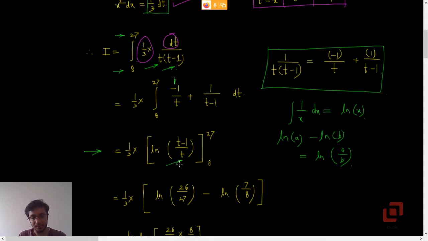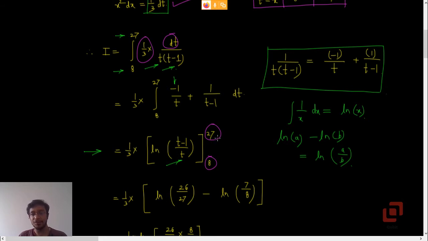Once we complete this integration process, in the problems on indefinite integration we were substituting t as our original function, x cube, but here we have already obtained the limits on t, which are 8 and 27. So there is no need to go back to x.